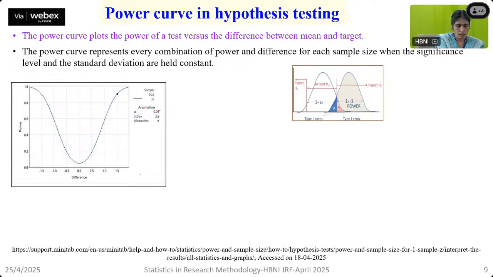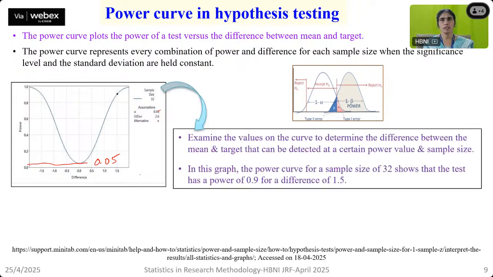That is the point that will correspond to around 0.05 in the power curve. So whatever be the value of alpha, that will be the minimum in the power curve when the difference between the true and measured values is 0. When the difference is 0, the minimum of the power curve we attain will correspond to the value of alpha.